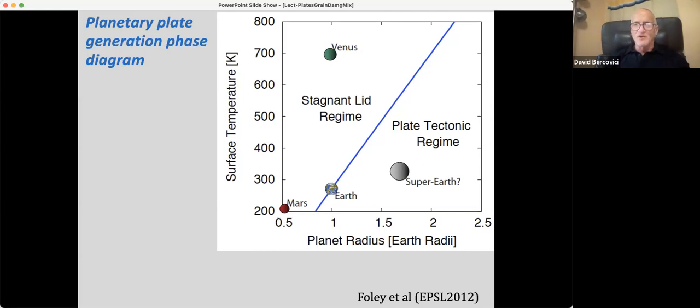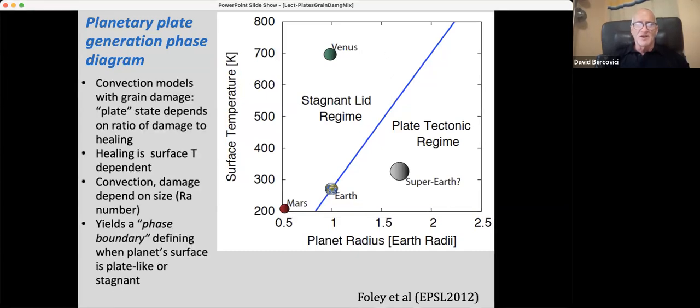And we were able to come up with a predictive model or a theory to say why we have plate tectonics in our solar system and whether or not we expect it to happen in other solar systems. So, for example, a super Earth, if it has a very high radius, if it's cool enough, it could be in the plate tectonic regime. But if that same super Earth was made very, very hot, it could wind up being a super Venus.